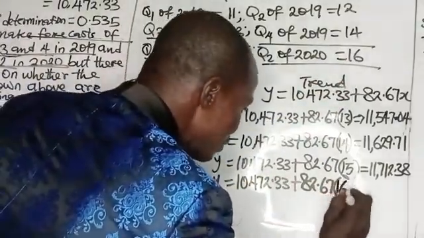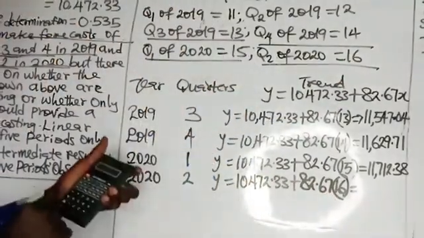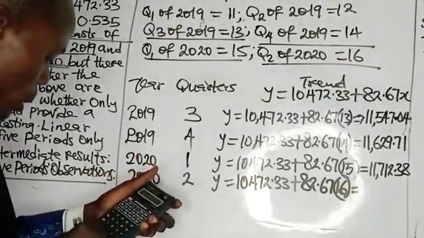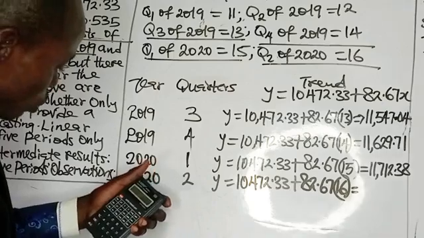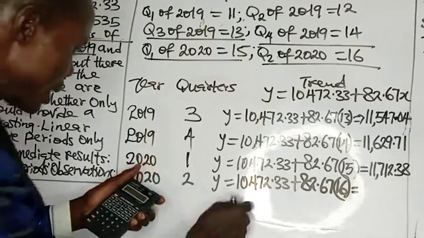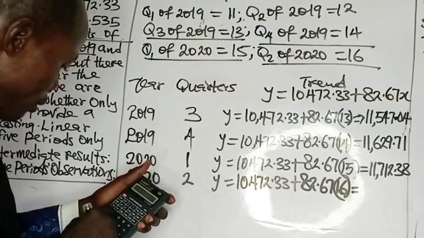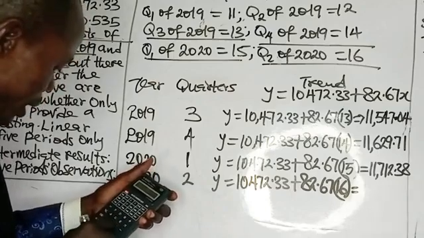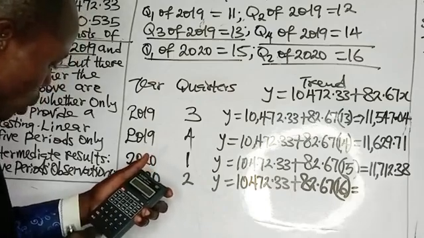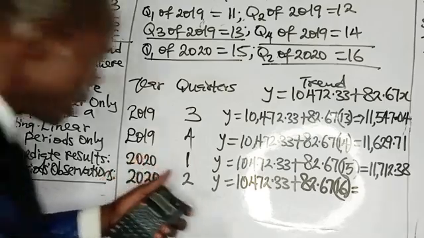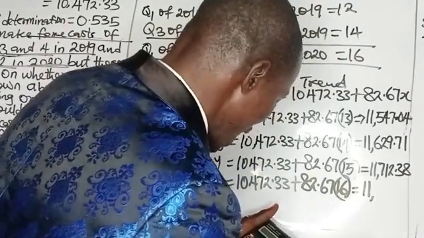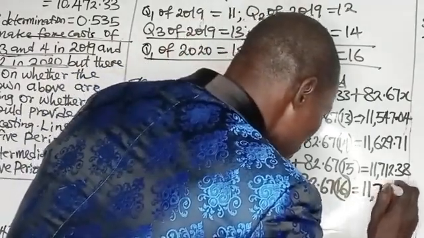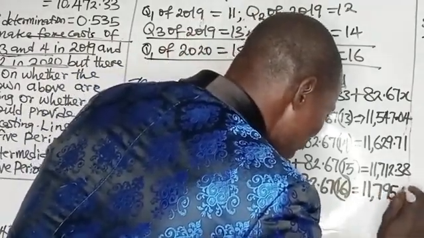Multiplied by 16, 82.67 times 16 gives us 1,322.72 plus 10,472.33. So we have 11,795.05.